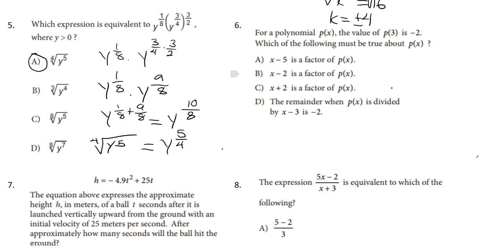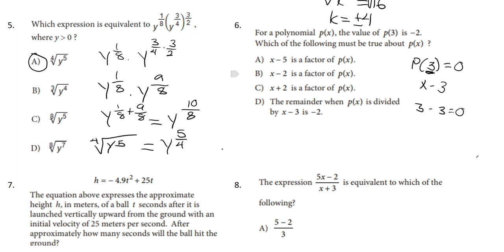So if we had p of 3 equals 0, then x minus 3 would be considered a factor, because when we plug in the number inside the parentheses, what x is equal to, we end up with 0.